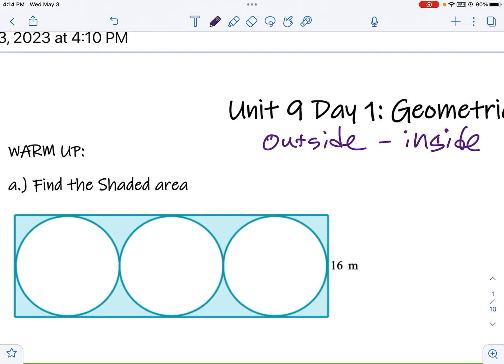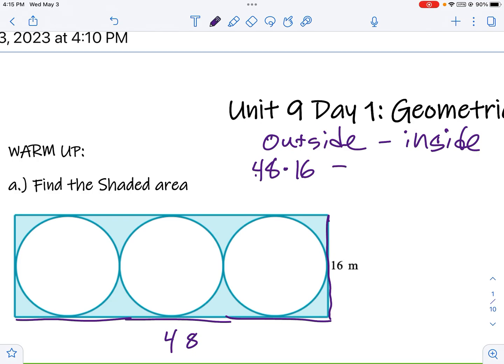I noticed that this is 16, so that would mean the diameter of this circle is 16, which means we've got 16, 16, and 16 going this way, which means we have 48 across, so I can do my outside as 48 times 16, and then my inside is 3 circles.